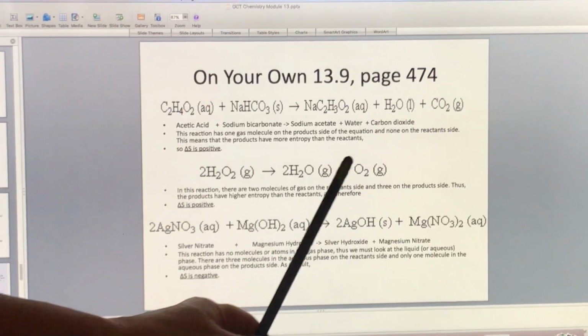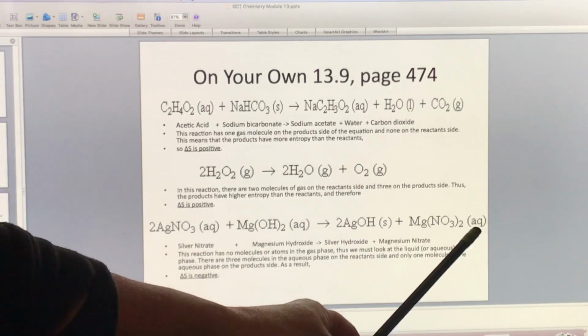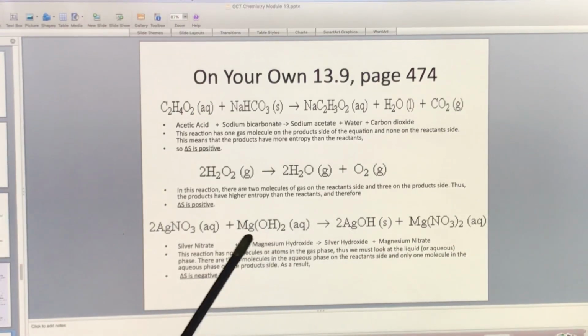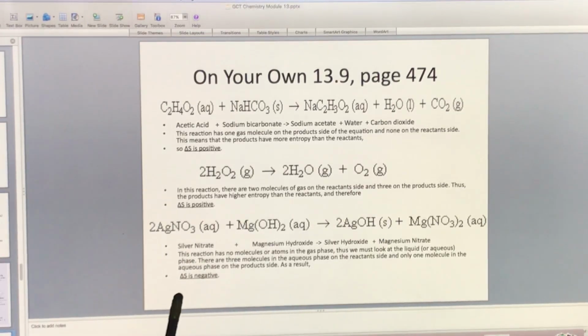So going from lower to higher, the delta S is positive. And then finally on this equation, we have aqueous yielding solid and aqueous. Since we have more aqueous molecules on this side, it would go from higher to lower, and at that point the delta S is negative.